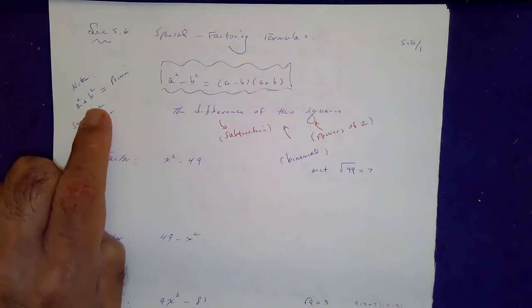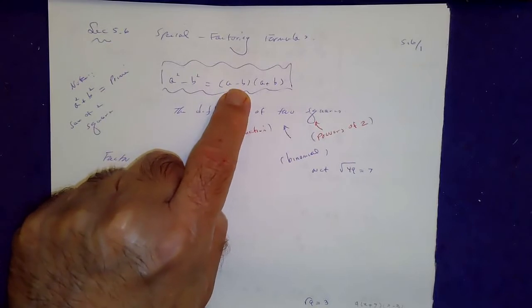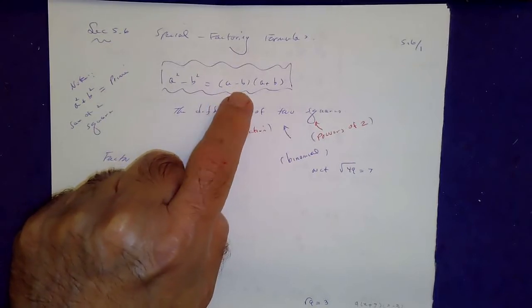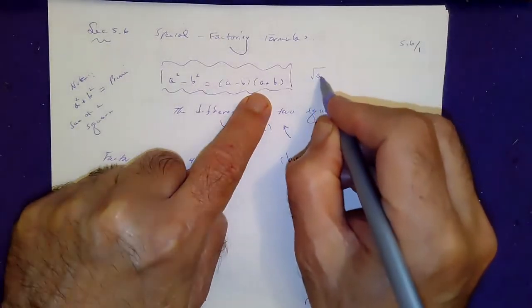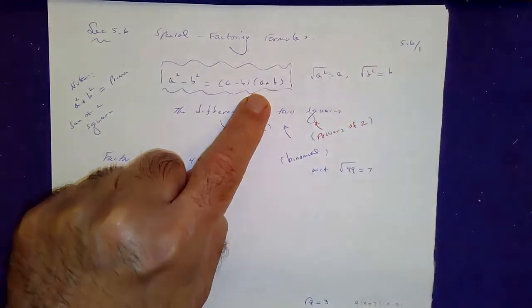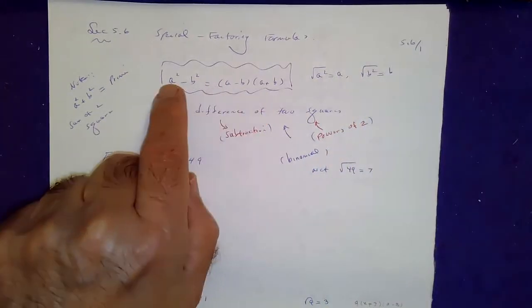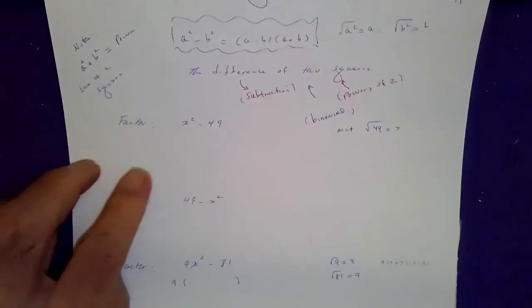But the difference of two squares factors as a minus b, a plus b. Incidentally, the square root of a squared is a, and the square root of b squared is b, and that's how we got these off of the original expression.